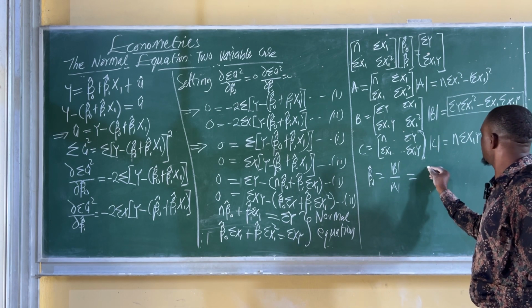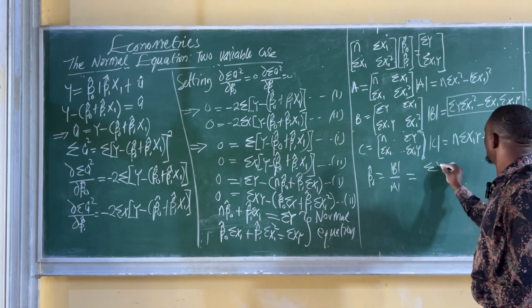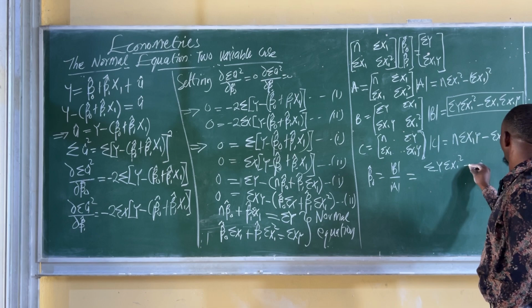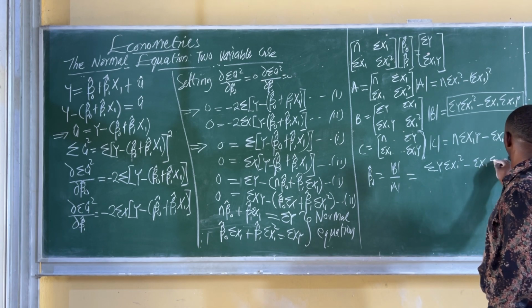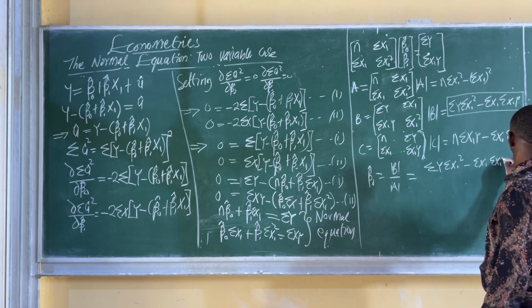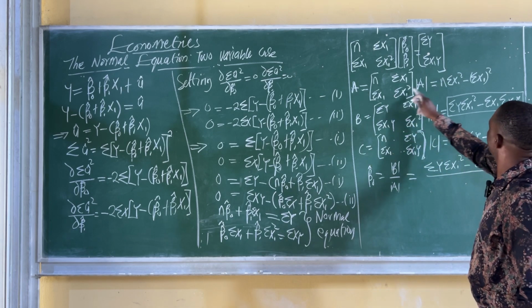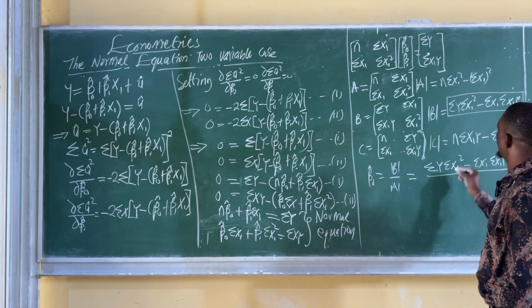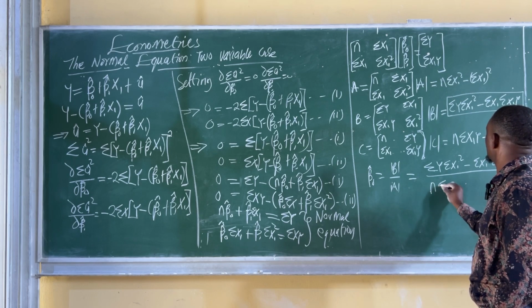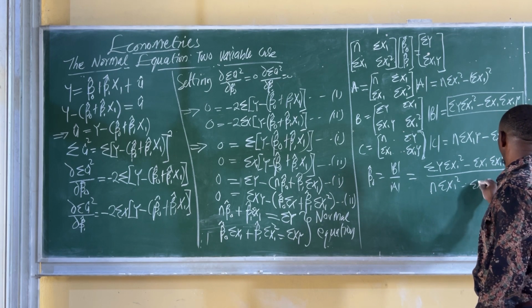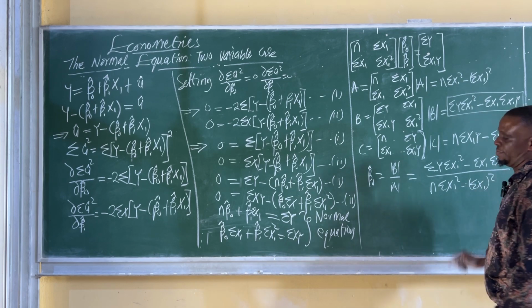That's equal to summation y summation x1 square minus summation x1 summation x1 y, all over the determinant of A, which is n summation x1 square minus summation x1 all squared.